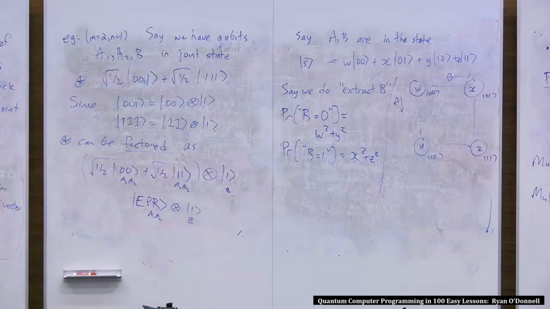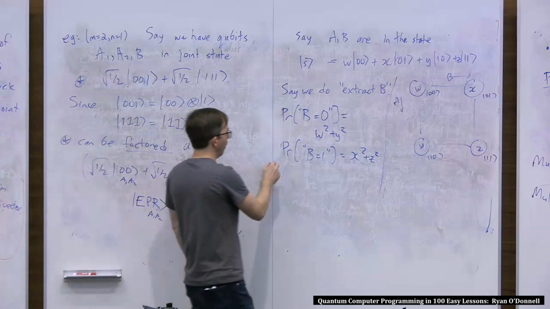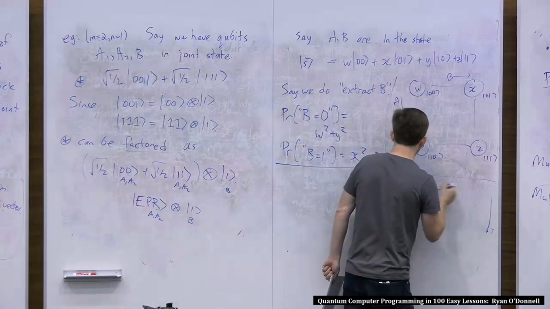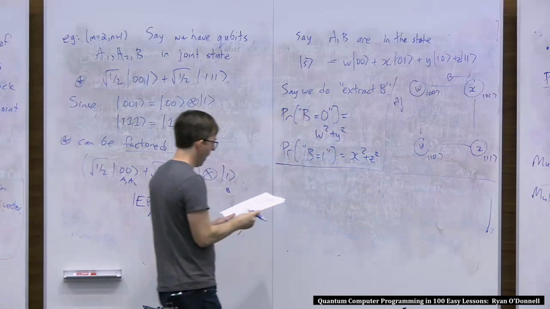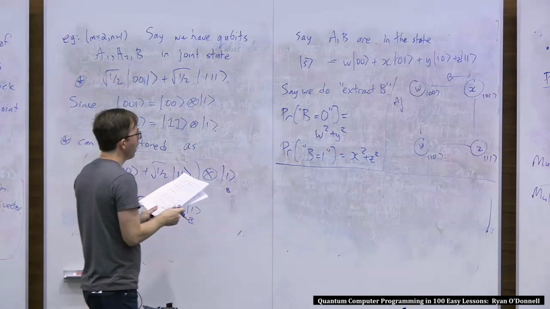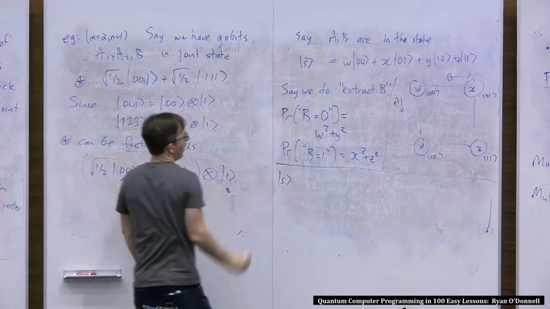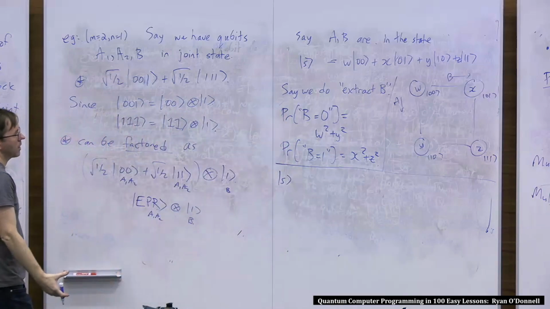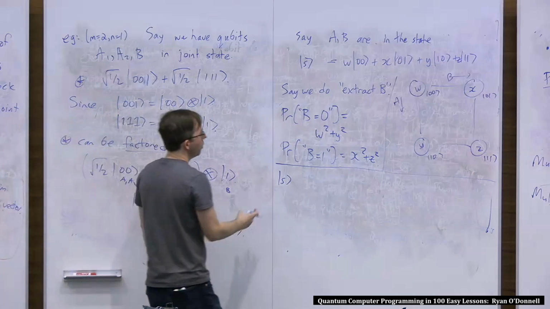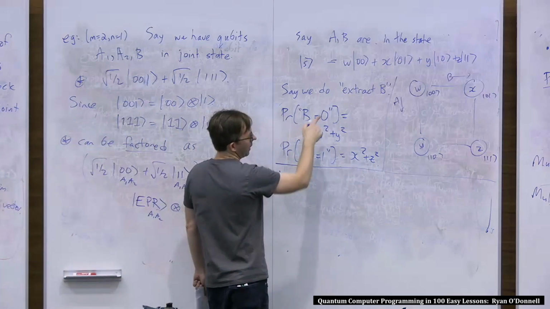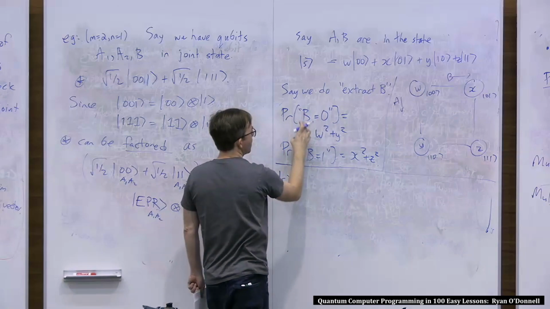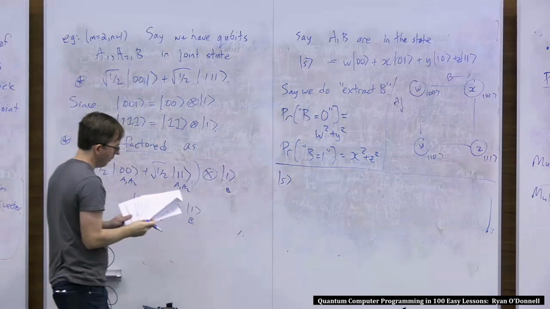Now, I want to just show you another way you can work this out. It's nice to start with S and factor it. Now, it doesn't look like you can factor it necessarily, but you just kind of want to group. If you know you're going to be doing extract B, you maybe want to group things together based on the B value.